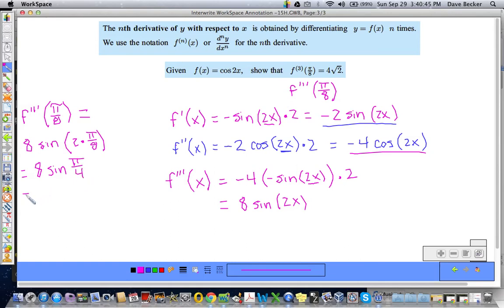And I know you know instantaneously that the sine of pi over 4 is root 2 over 2. So that's going to be 8 root 2 over 2, which is equal to 4 root 2. And we have shown what they wanted, as requested.